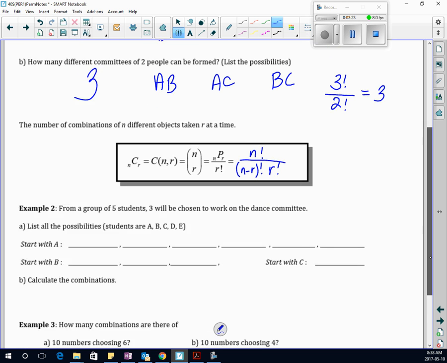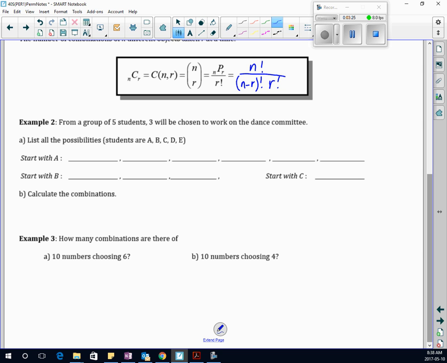Okay, so from a group of 5 students, 3 will be chosen to work on the dance committee. So let's list all possibilities. We're going to start with an A. So 3 are chosen.